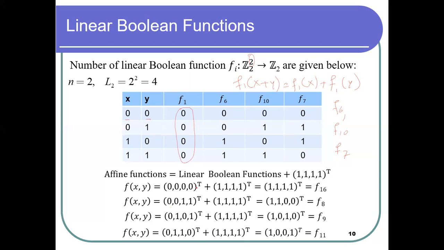Then I add it with the vector 1 1 1 1 and I get this one. This is f8, f9, and similarly f11. So all these are nonlinear Boolean functions, and since these are affine, they are nonlinear Boolean functions.